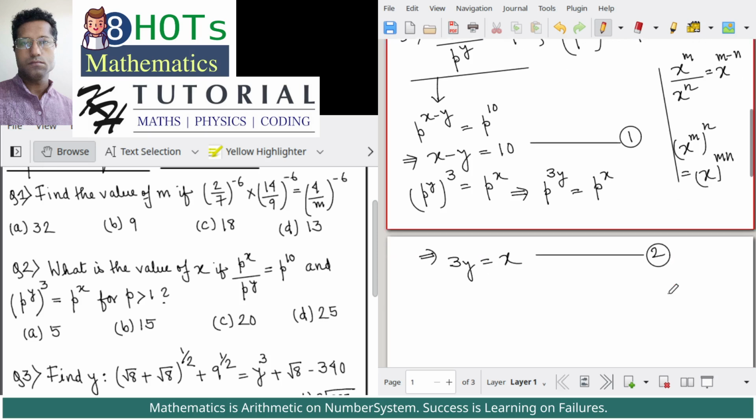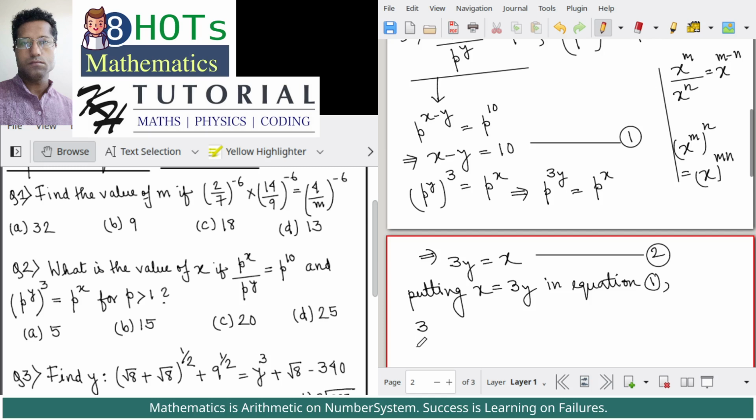Now from equation 1 and equation 2, I can easily solve for x and y. Putting x is equal to 3y in equation 1, what do we get?